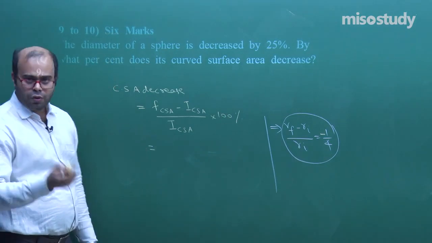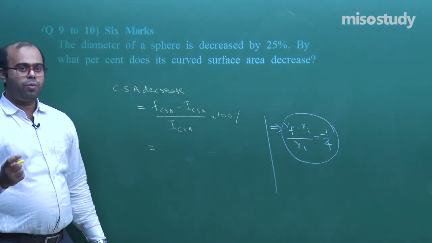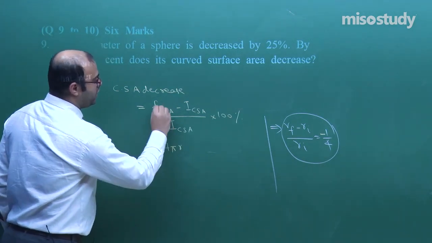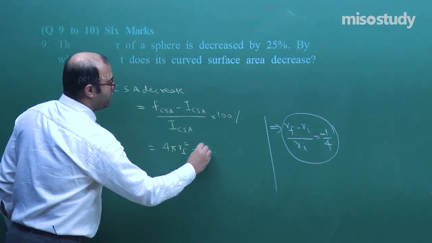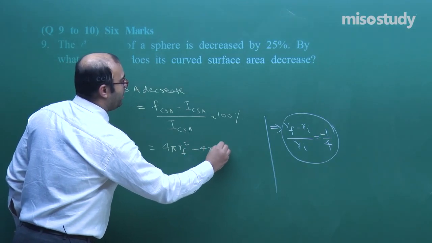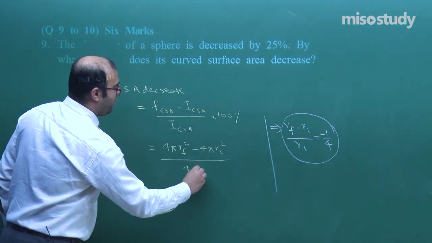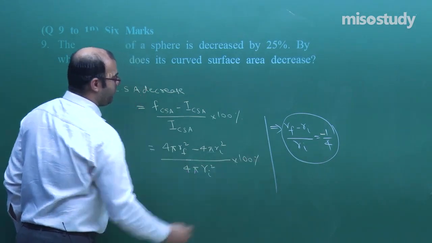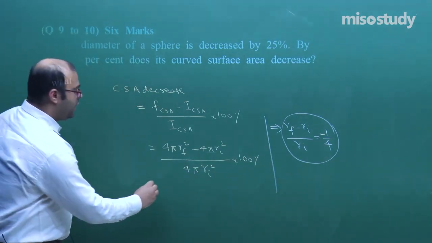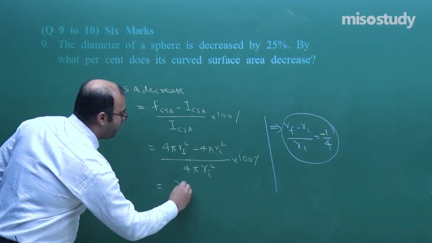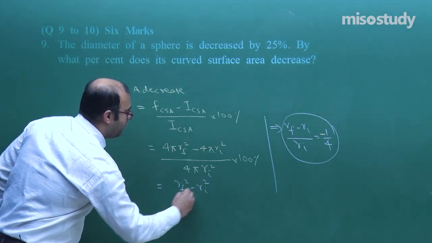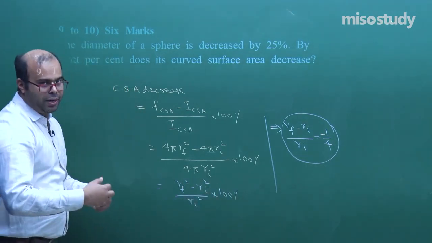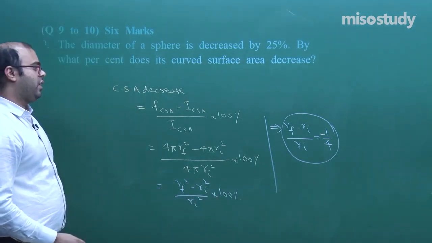Now what is the formula for curved surface area of a sphere? It is 4 pi r square. So here we will write 4 pi rf square minus 4 pi ri square upon 4 pi ri square into 100%. 4 pi will of course get cancelled, and we will get rf square minus ri square by ri square into 100%. If there will be a decrease, automatically we will get a minus sign.